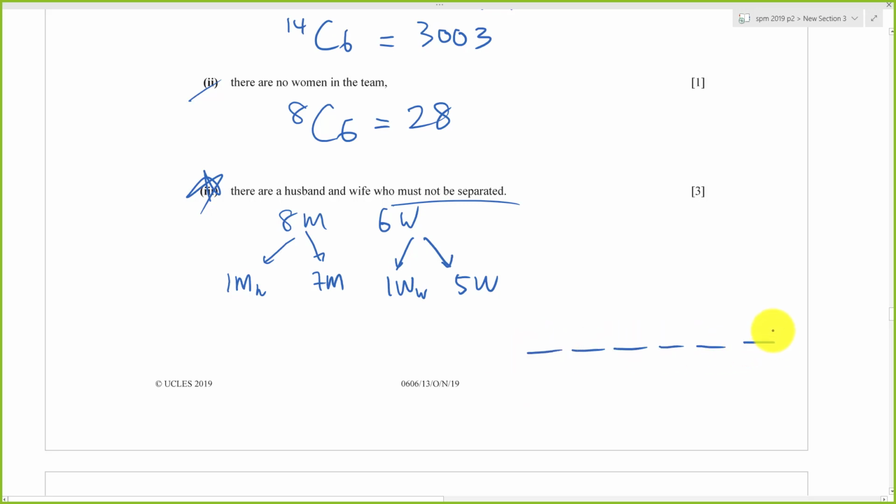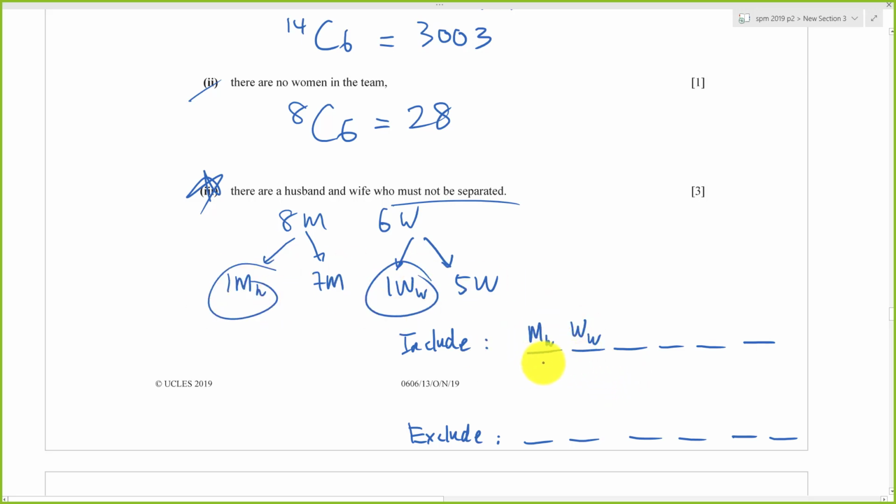So for these 6 of them, I either include the husband and wife, or I exclude the husband and wife. So if I want to include the husband and wife, I need to insert here a man, which is the husband, and a woman, which is the wife. So if I put them in here, this is one way and one way. So you don't need to worry about whether you should do something like 2C1.